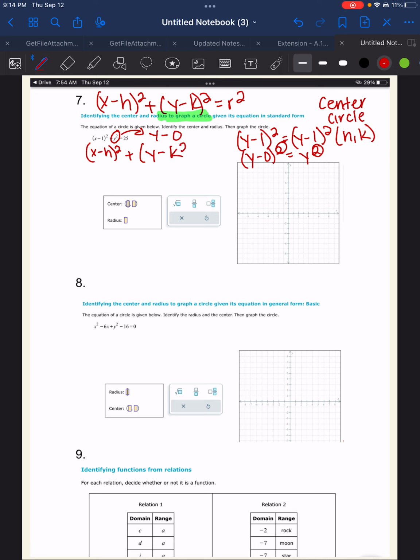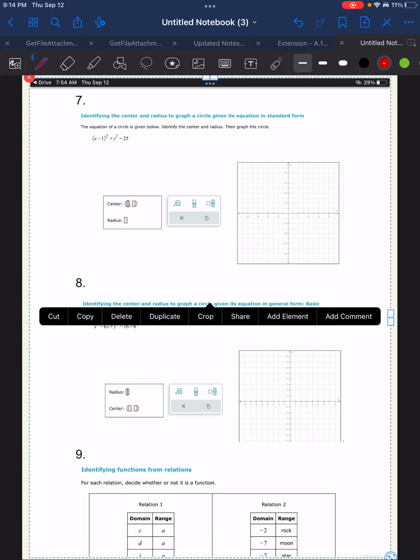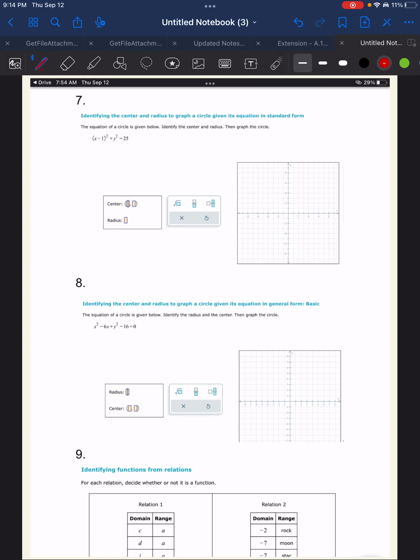So I'm just rewriting my formula here, that way I can see everything lining up, and I can identify my key features.